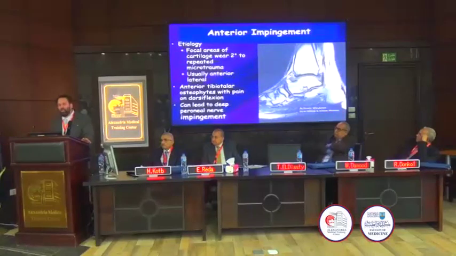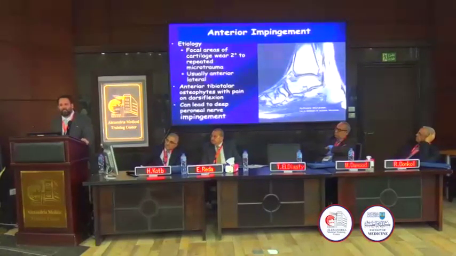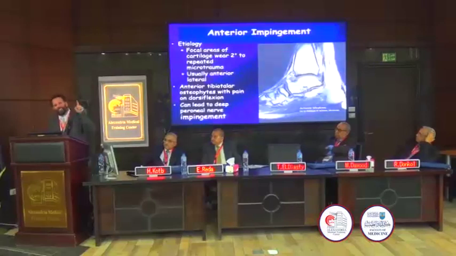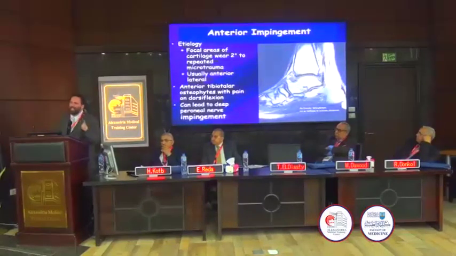So if you're reading out with a resident and the resident calls osteoarthritis in the ankle, and you disagree with them, the question to ask is, do you see bigger osteophytes anteriorly or posteriorly? And chances are the resident will say posteriorly. And you should say, aha! That's why you're wrong, because ankle osteophytes are always bigger anteriorly. And because they're bigger anteriorly, they cause anterior impingement.